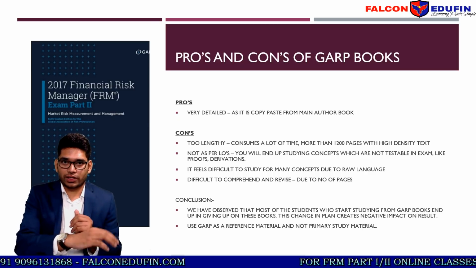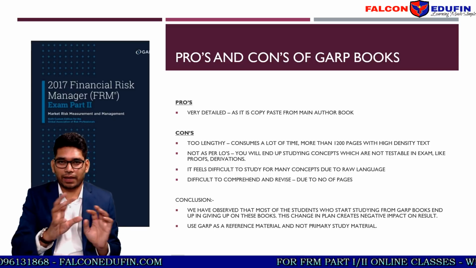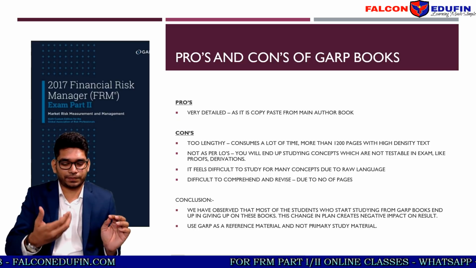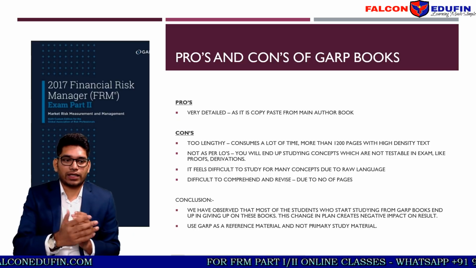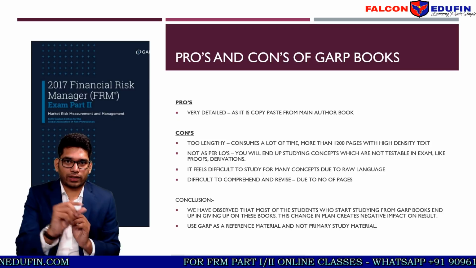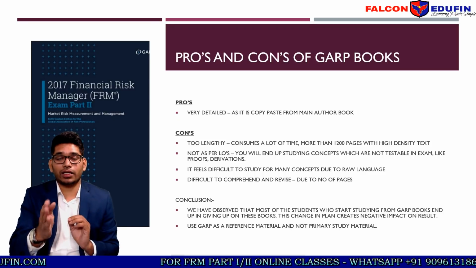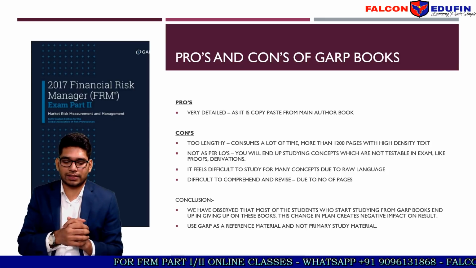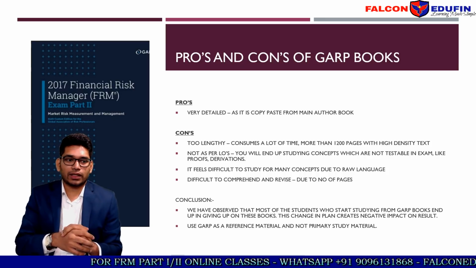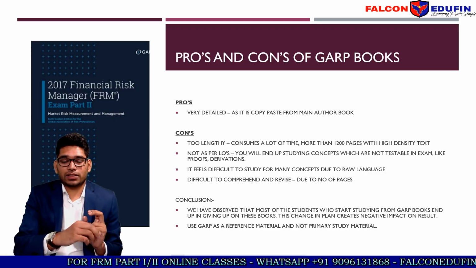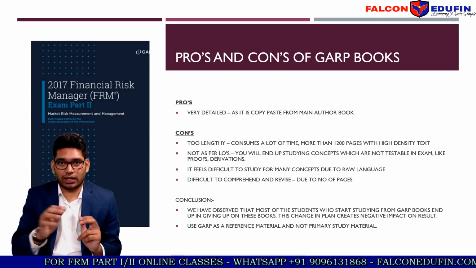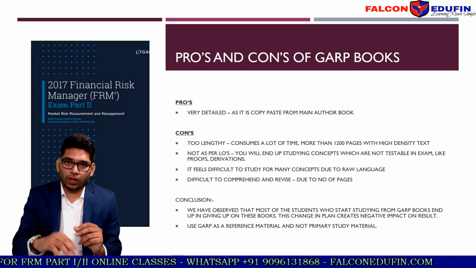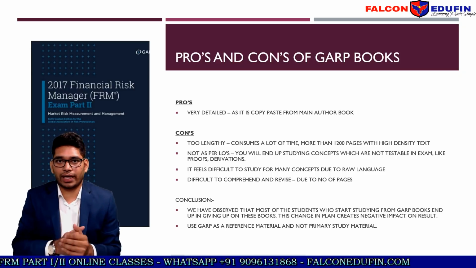So say the original author's book has 20 pages on Bayesian analysis. I am using a simple example and I am not claiming accuracy here. The learning objective says you have to study only 5 pages from the Bayesian analysis in Michael Miller's topic. But GARP is adding all 20 pages in your core material. So the problem is you are reading things which are not required for the exam.